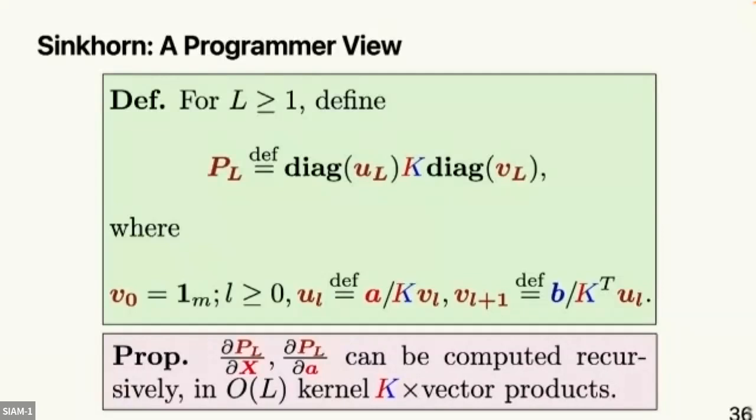What I call P L is what you get after L iterations. Now, how does P L vary with respect to changes in inputs X or A? You don't really have to compute it yourself. You can just delegate this to any automatic differentiation toolbox that will do algorithmic unrolling for you.